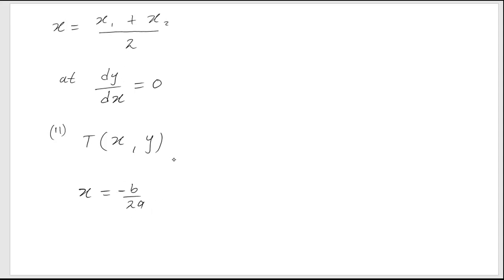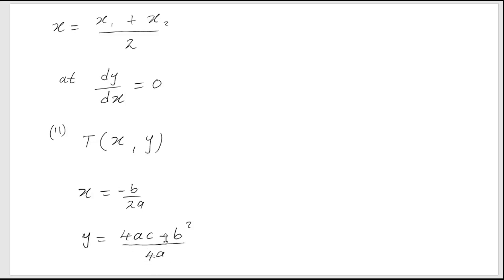Now, how do you find the y coordinate? You can find the y coordinate by using the formula 4ac minus b squared over 4a, sorry, not 2a, it's 4a. That is the formula for the y coordinate.